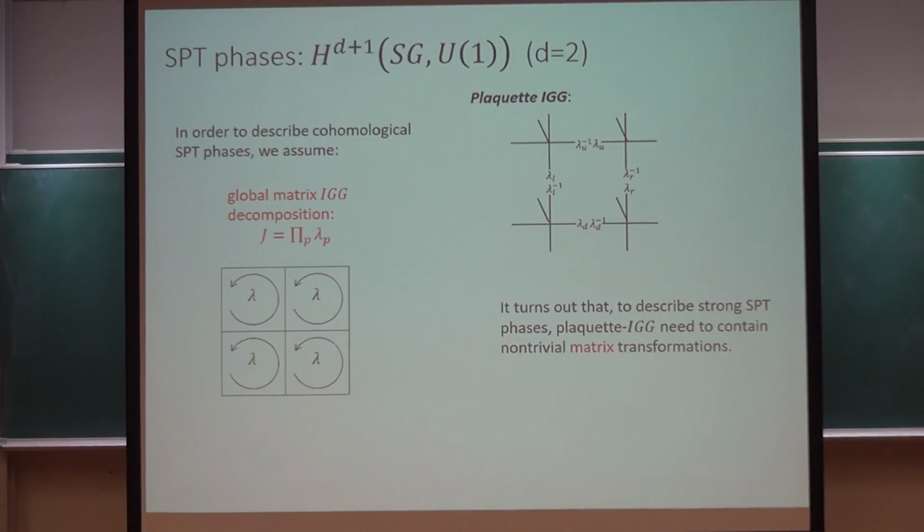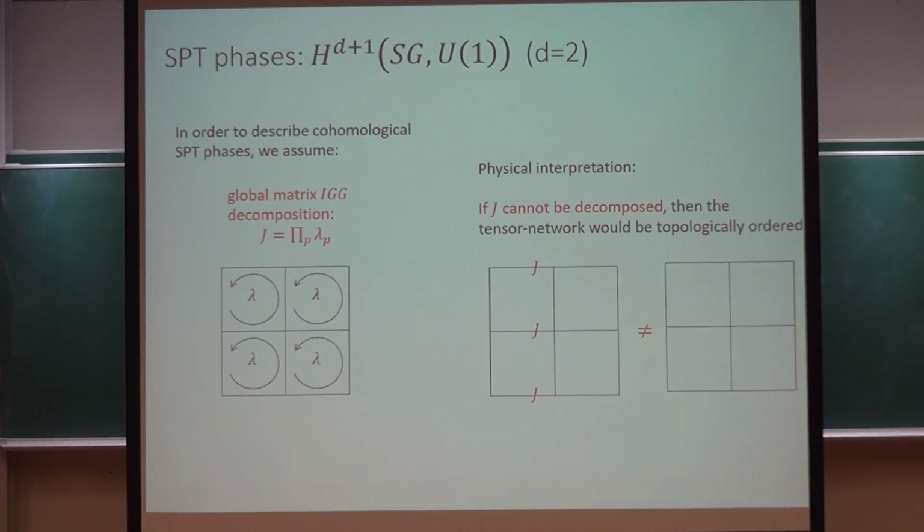And these lambda are also matrices, so there is an order in which we multiply. It turned out that, of course, there's some assumption under this, and basically under this assumption, you can show that this lambda has to be complete. But somehow in three dimensions, this no longer has to be true.